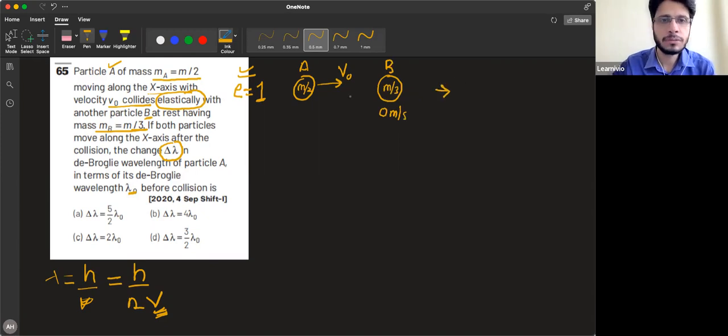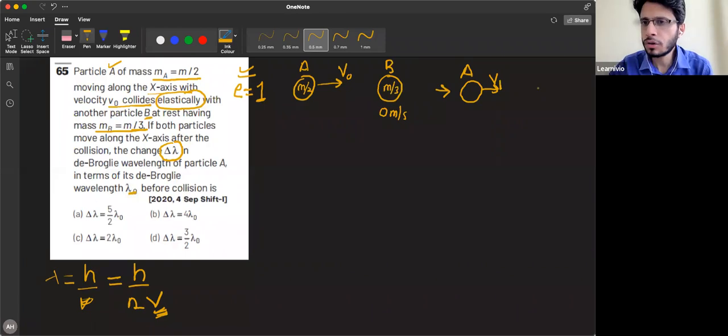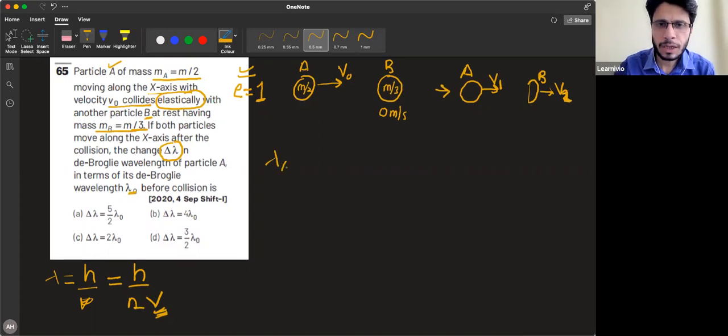After collision, particle A will have some velocity, which is not given, so let's say the velocity of A is v1. B will also have some velocity, let's say v2. I need the initial wavelength of A before collision.